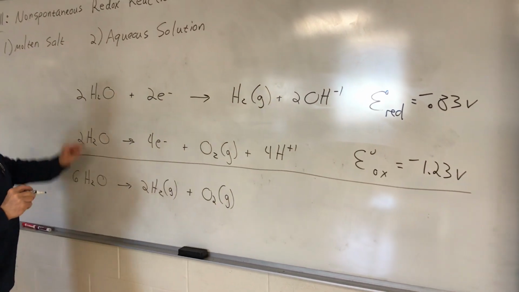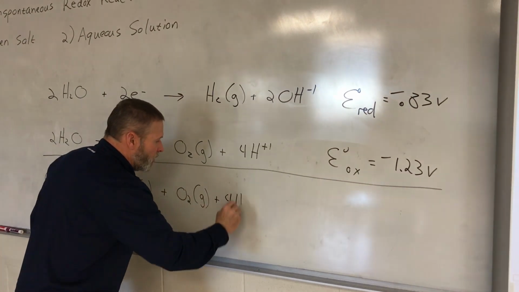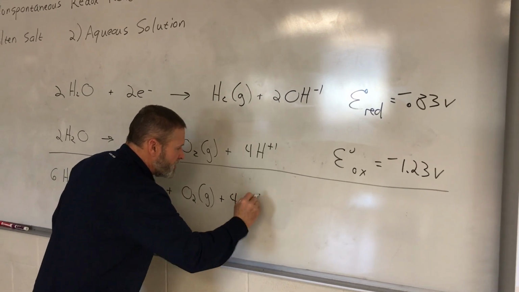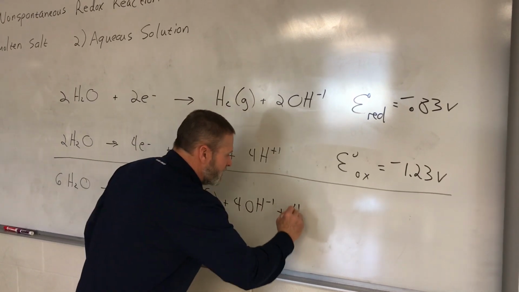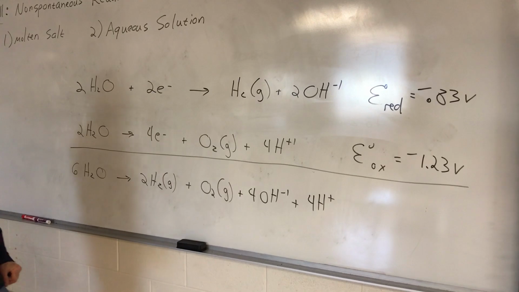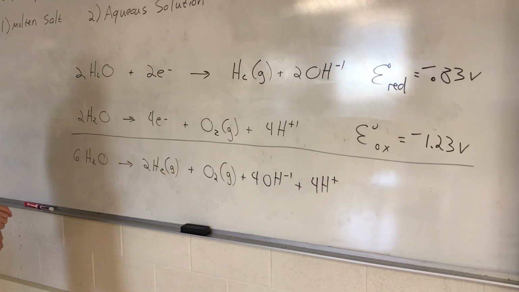Sorry about that. So when we double the top one, we'll have plus 4 hydroxide ions, and we have 4 hydrogen ions here. And of course, the hydrogen and hydroxide, we could combine these together to make 4 water molecules.